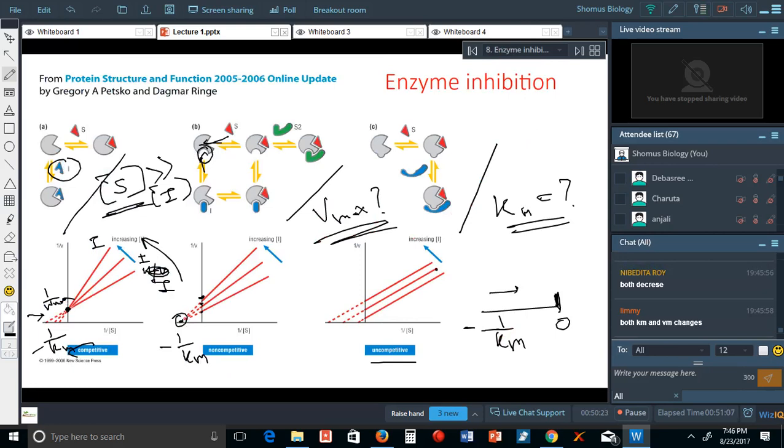Now if you look at all these three things, if you look at this Lineweaver plot, what will happen to this plot in case of uncompetitive inhibition? You can see here that the value for minus 1 by Km is shifting to the left.